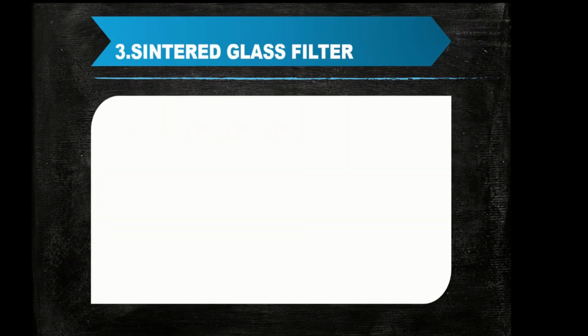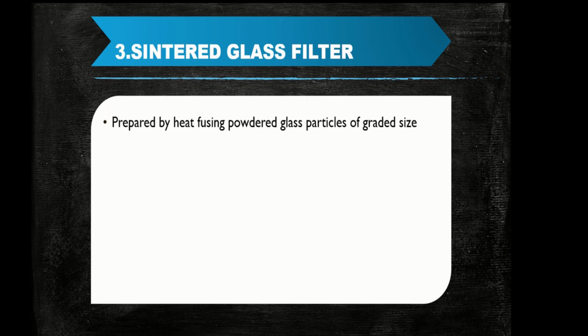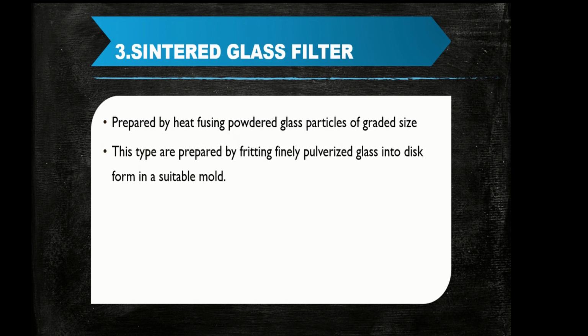Now we will come to the next type of filter, that is a sintered glass filter. The name itself suggests glass. It is prepared by heating and fusing powdered glass particles of graded size, and these are prepared by fitting the finely pulverized glass into disc form in a suitable mold.